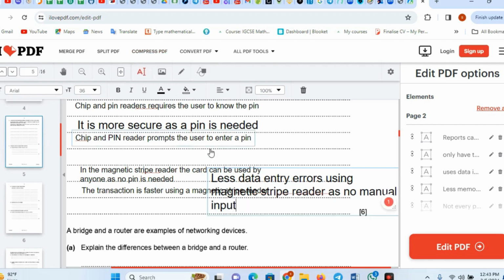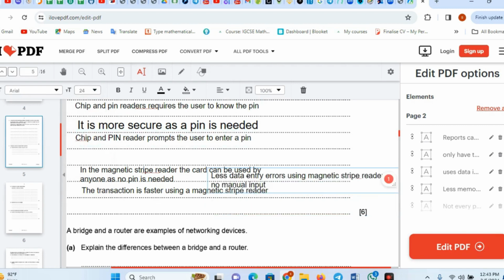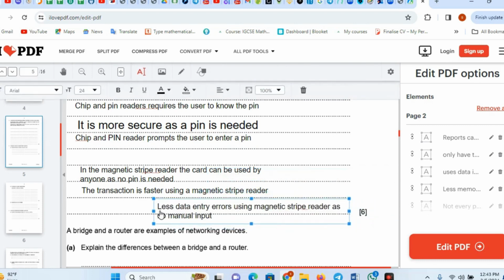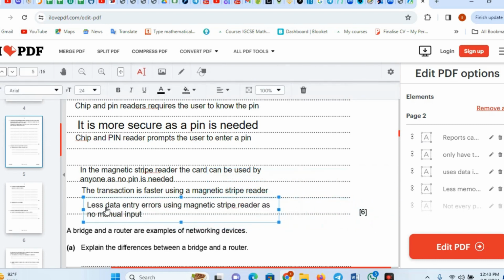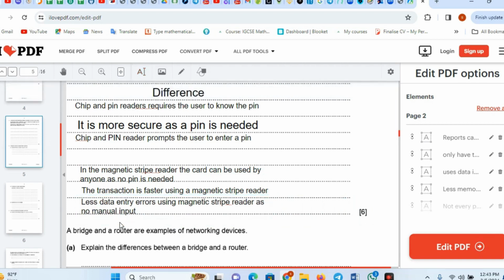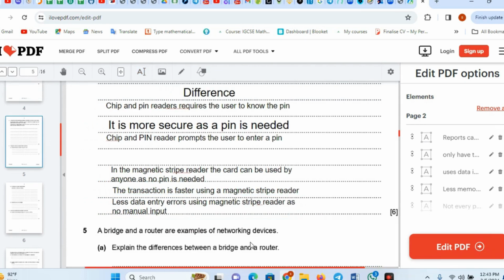That is, when you use the magnetic stripe reader, it gives less data error because you are not going to enter anything. There is no PIN, there is no password. So all you just need to do is to put your card there, you get your transaction done.